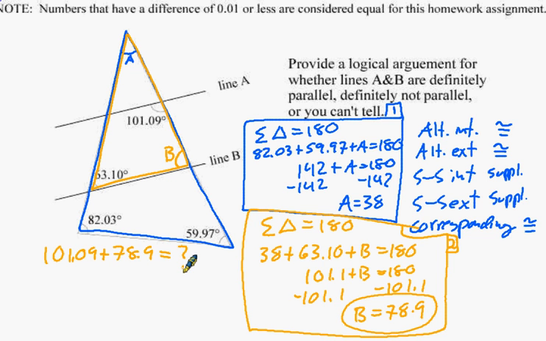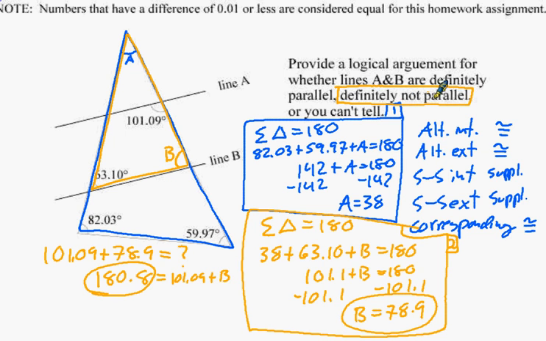Well, we add those together and we end up getting 180.8 is equal to 101.09 plus B. Well, that's the number we needed. Are the lines parallel? The conclusion is definitely not parallel.